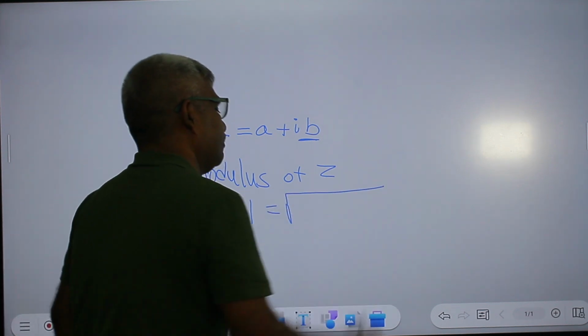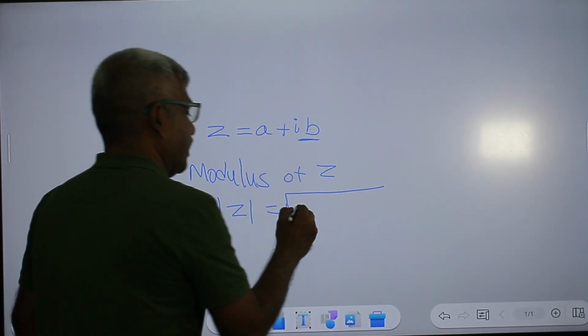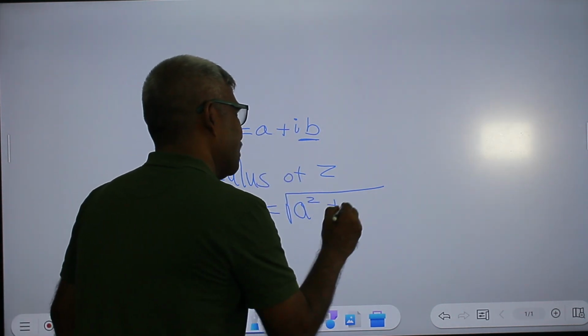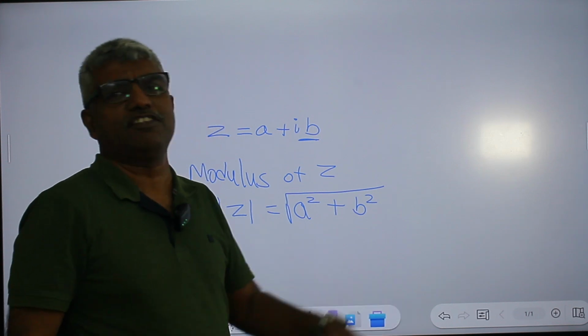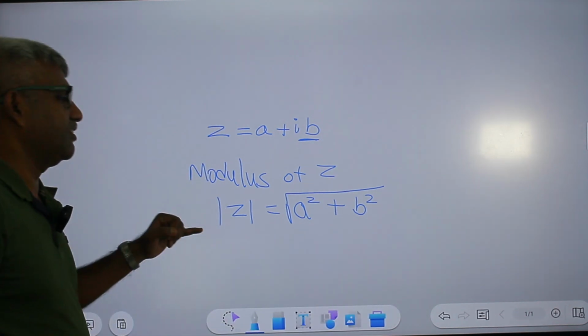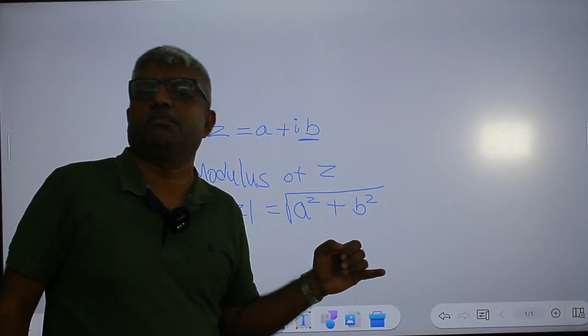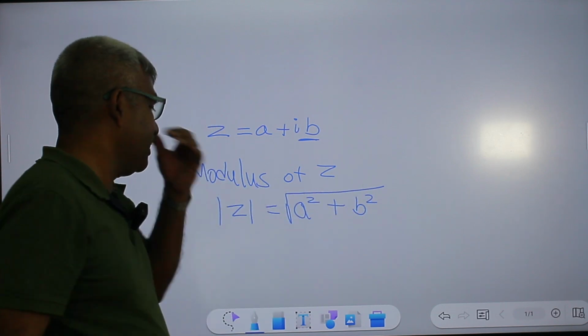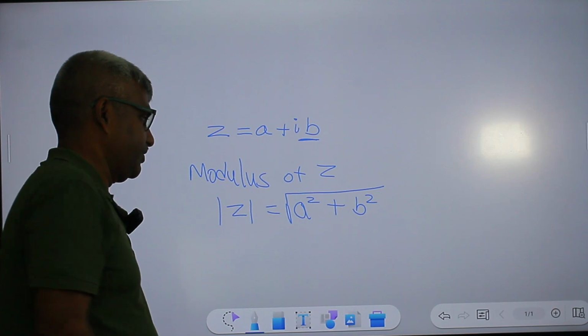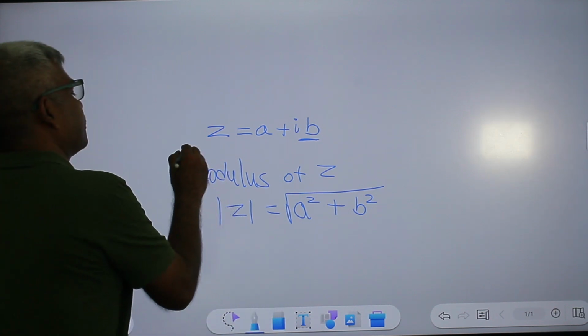Square root of a squared plus b squared. Some books mention amplitude or magnitude. Okay. Modulus of Z, we will say modulus of Z, or magnitude also, same meaning.